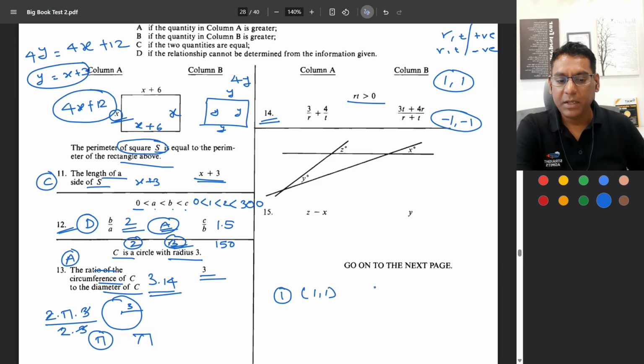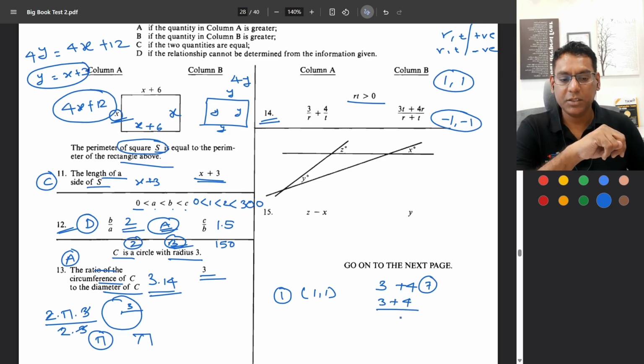In column A, I get 3 by 1, that is 3, plus 4 by 1 is 4, so I get 7. In column B, I get 3t, that is 3, plus 4r, that is 4, divided by r plus t, that is 2. So I get 7 by 2, 3.5.